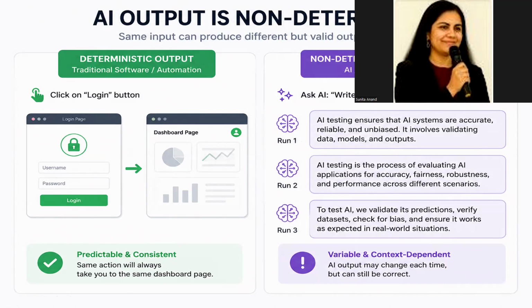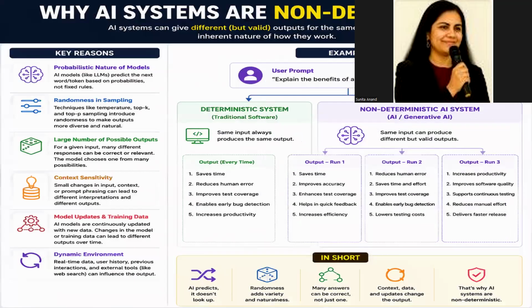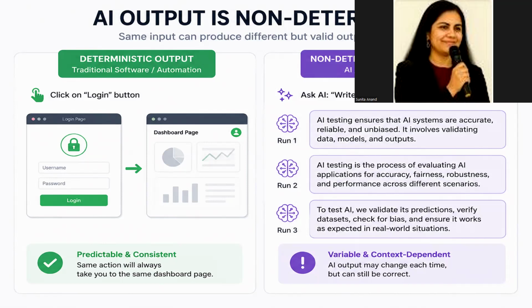It's going to be a range of accuracy. So non-deterministic output is going to vary. It's going to be a variable output, dependent on the context. AI output may change each time, but can still be correct. I hope you have understood the difference between deterministic output and non-deterministic output.